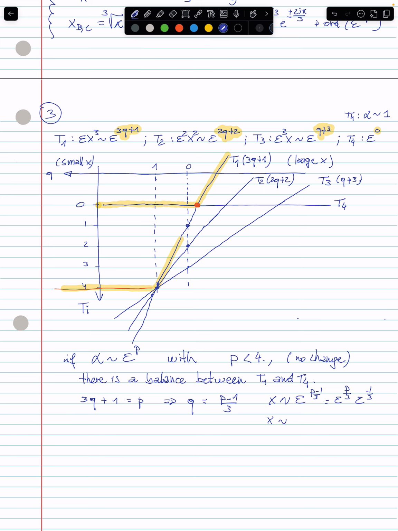Because epsilon to the power p is alpha, this means x is alpha to the power 1/3, epsilon to the power minus 1/3. This is what happens if alpha, written as epsilon to the power p, has p smaller than 4. What happens now when p is equal to 4?